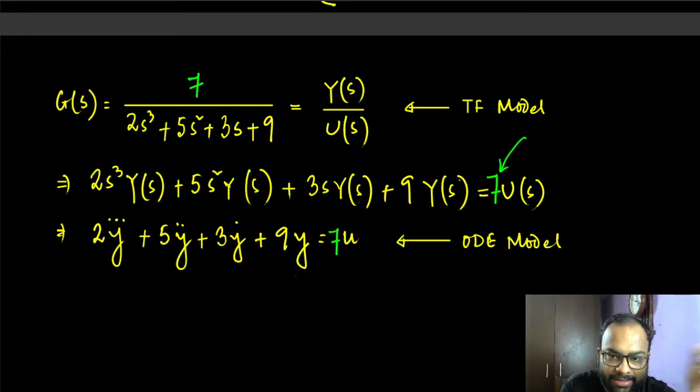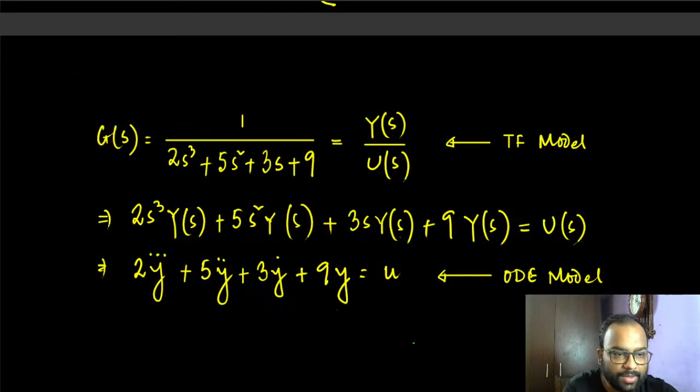The input is becoming 7 times as much, right? Previously the input was just U, because it was like 1 times U. And now it has become 7 times as much.